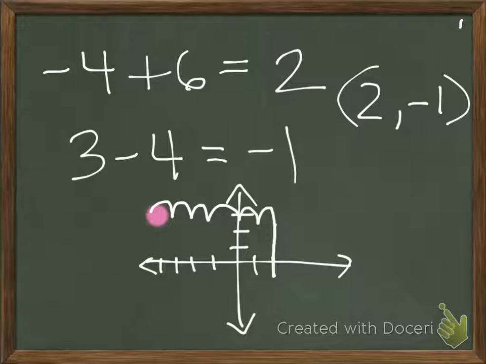And that's going to put me right here, which is at -1. So you can see that my point here is 2, -1 after I've translated it.